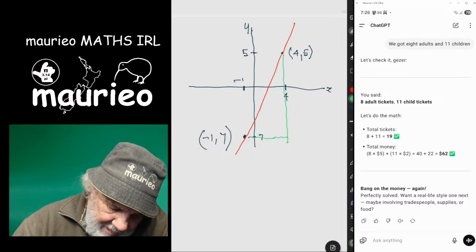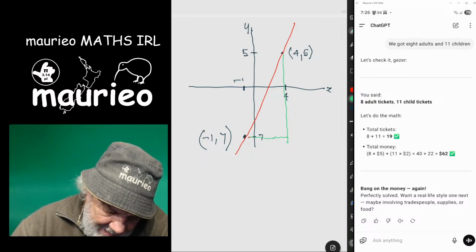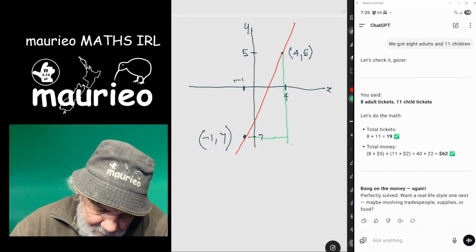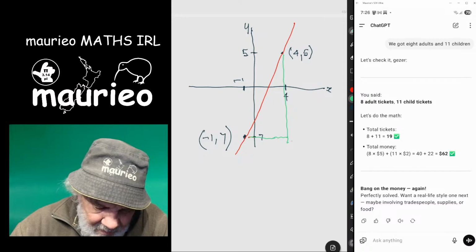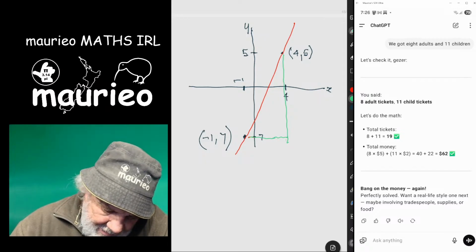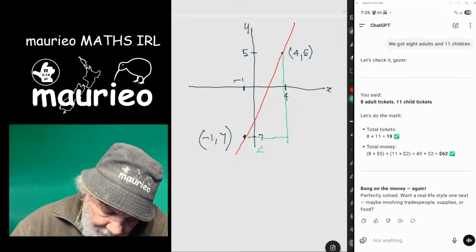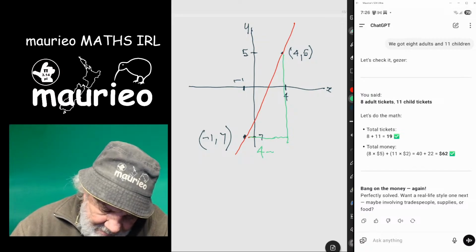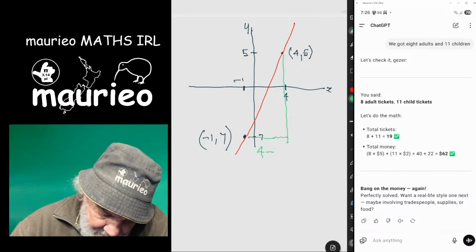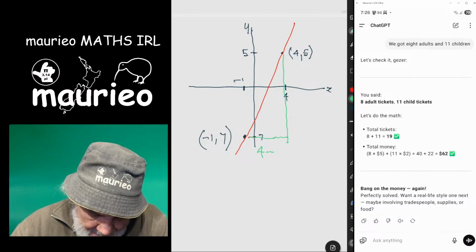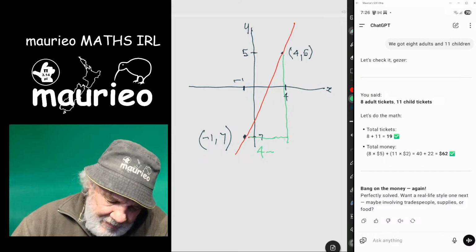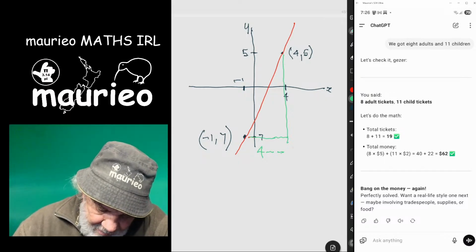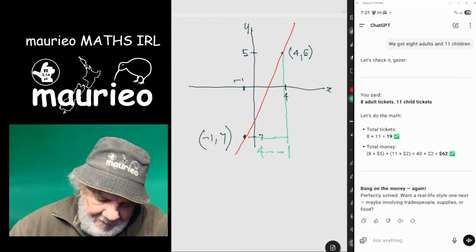So the gradient here goes from -1 to 4. The way to work that out is 4 minus -1.